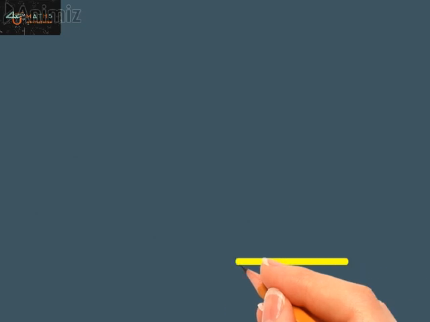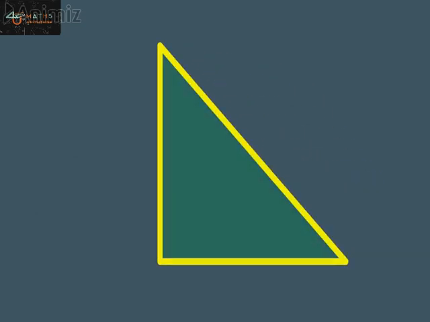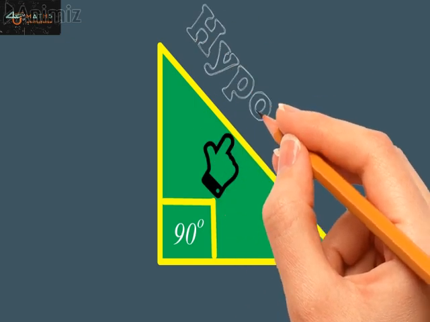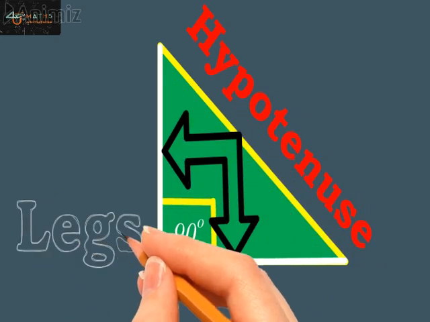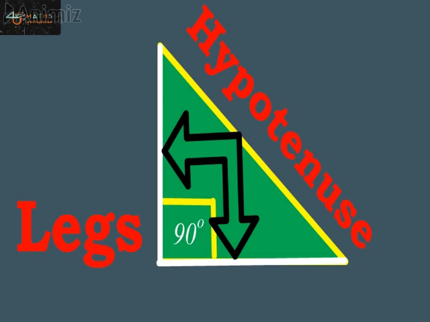Keep in mind that the Pythagorean theorem is applicable in a triangle called the right angled triangle, that is, a triangle in which one of the angles is a right angle. By right angle, we mean that its value is always equal to 90 degrees. As we all know, the side opposite to the right angle is called the hypotenuse, while the two sides adjacent to the right angle are called the legs of the right angled triangle.